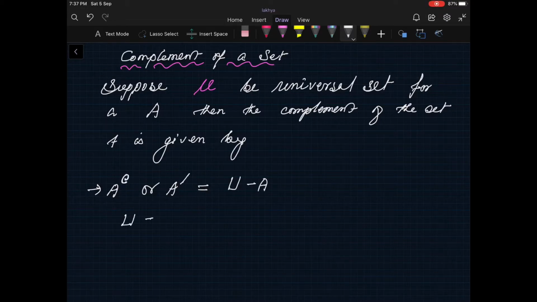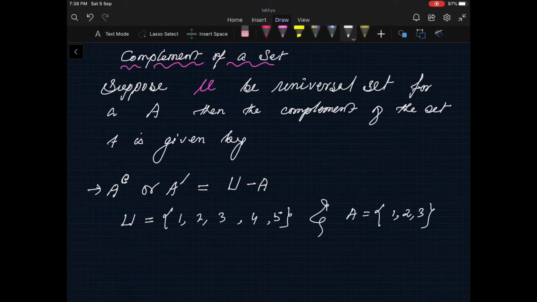So for example, suppose the universal set U contains 1, 2, 3, 4 and 5, and the set A contains the elements 1, 2 and 3.